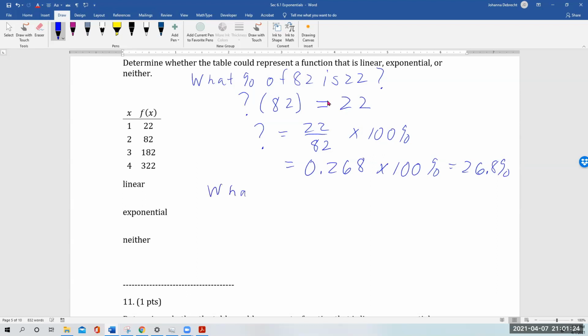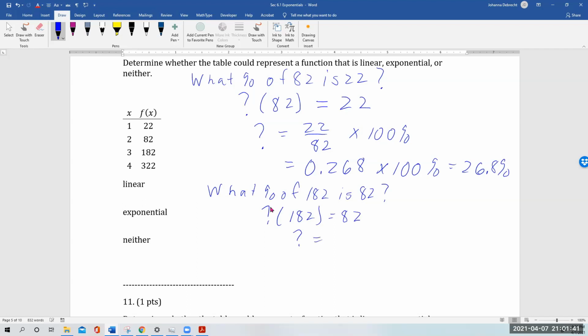What percent of 182 is 82? Again, we'll do what question mark times 182 equals 82.